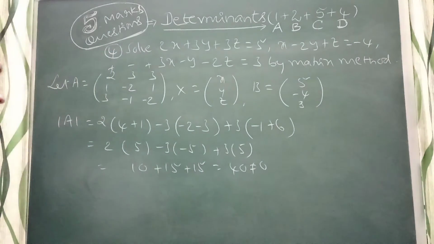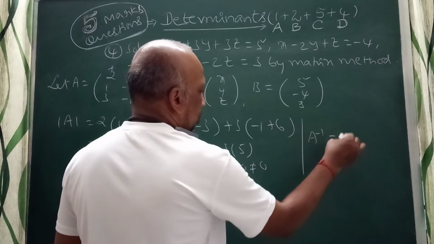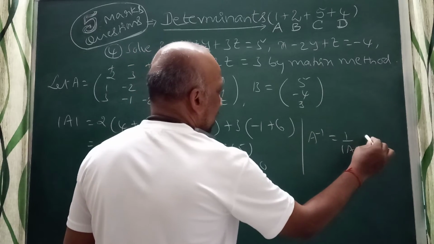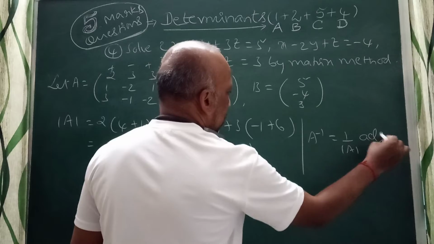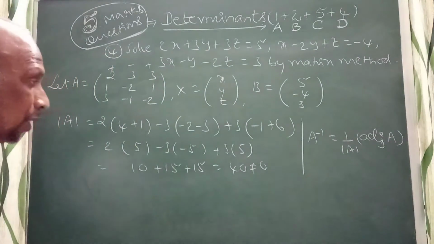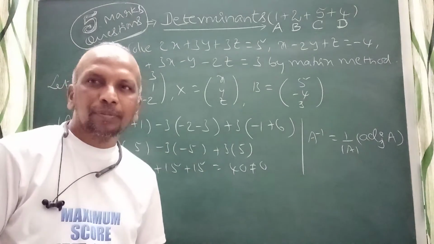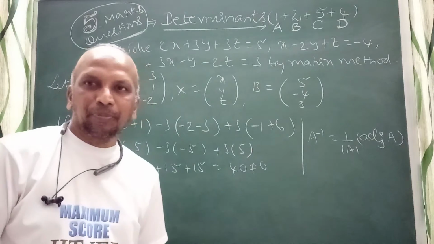Then I can find A inverse. What is A inverse? A inverse is equal to 1 by det A into adjoint A, right? Now I am going to find adjoint A. Just remember, the det A value we got is 40.